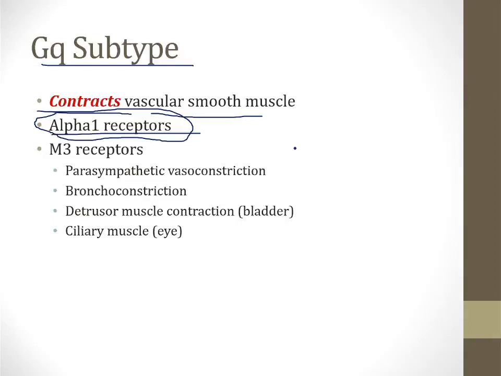They are going to be linked to the GQ subtype of G protein receptors so that they can contract vascular smooth muscle. In the parasympathetic system, the GQ subtype is linked to M3. M3 receptors are the receptors in the parasympathetic system that in some cases cause vasoconstriction. They can cause bronchoconstriction in the lungs, they can cause contraction of the detrusor muscle in the bladder, and they can also cause contraction of the ciliary muscle in the eye.